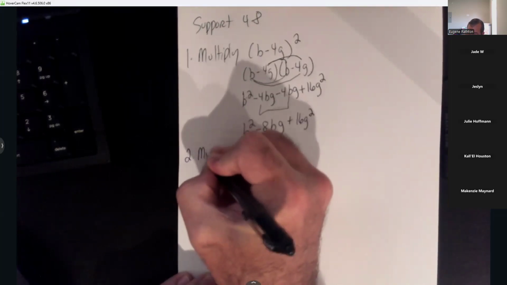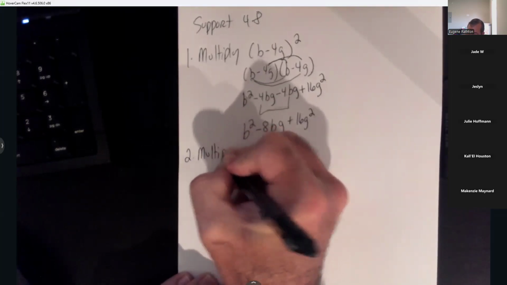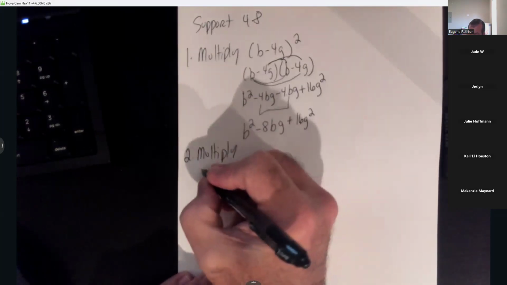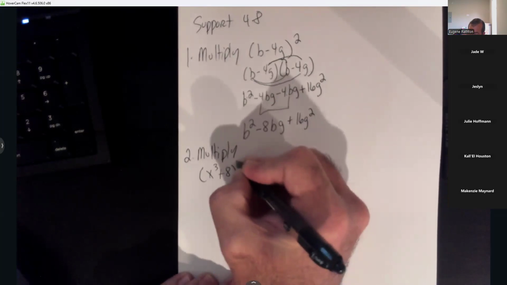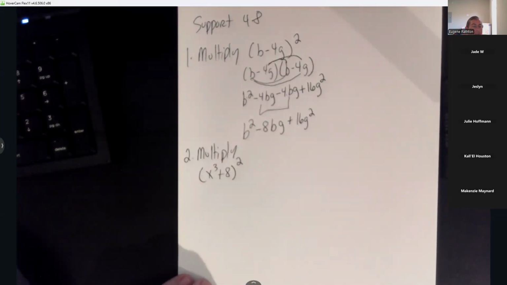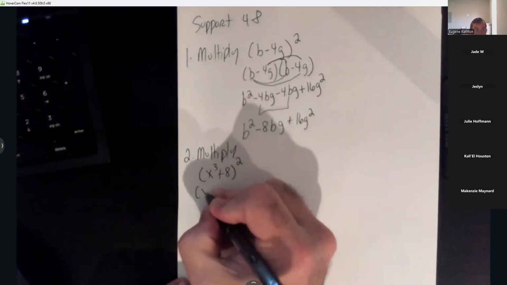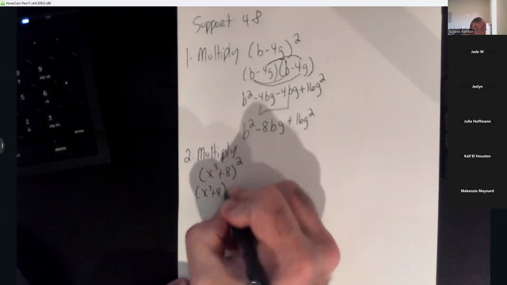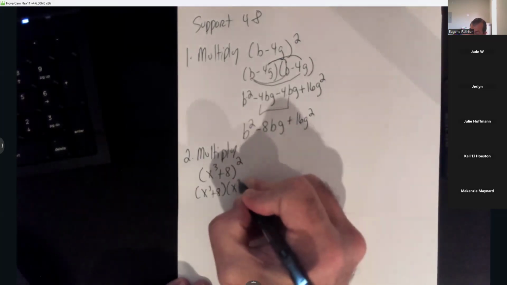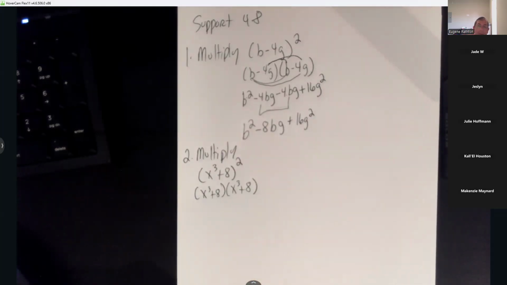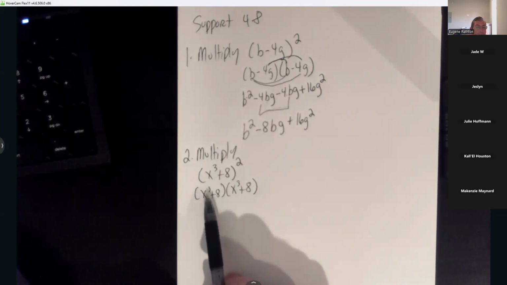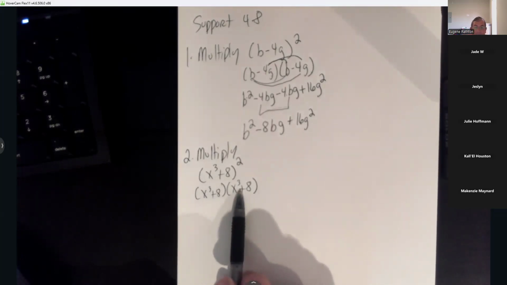All right, the second one was the same thing, multiply. They got an x to the third plus 8 squared. So once again, write it twice. So this one, though, you got an x to the third times the x to the third.